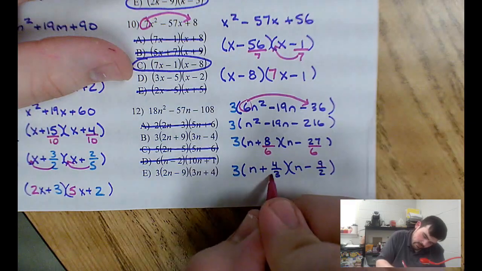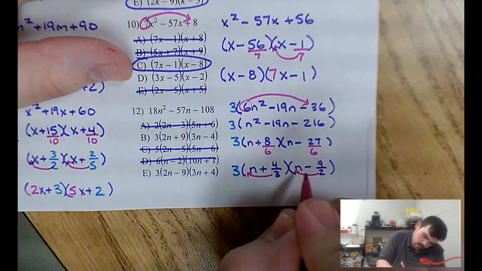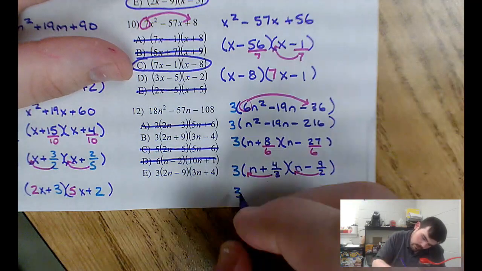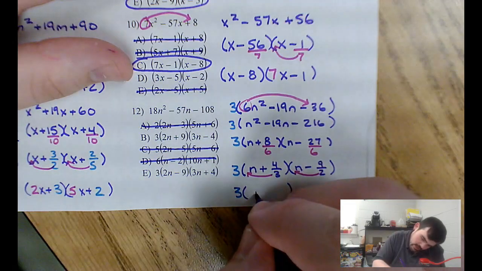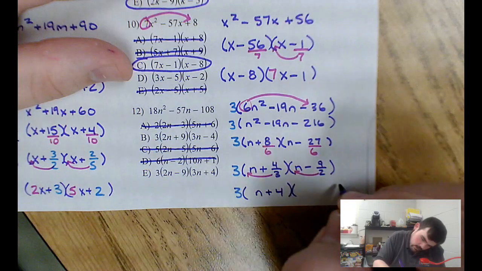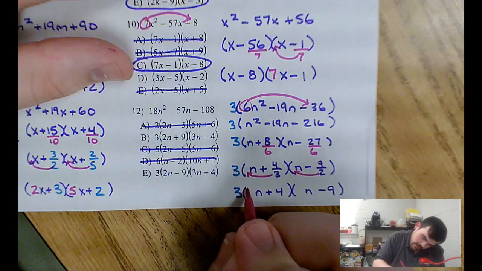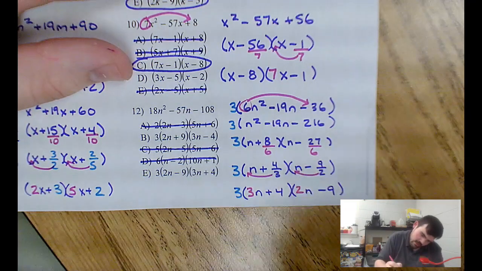Now I can swing both those denominators up front, and I end up with 3 times 3n plus 4 times 2n minus 9. 3 times 3n plus 4 and 2n minus 9.